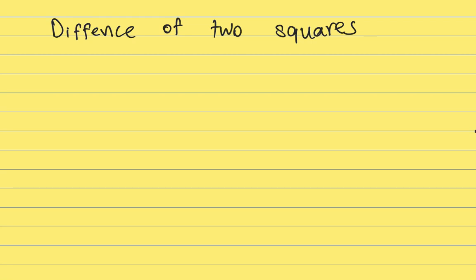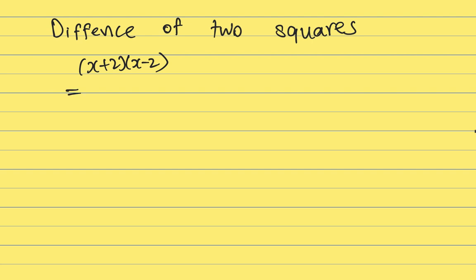In this video, I'm gonna talk about a special type of the expansion of brackets, the difference of two squares. For example, consider this expression: x plus 2 times x minus 2.